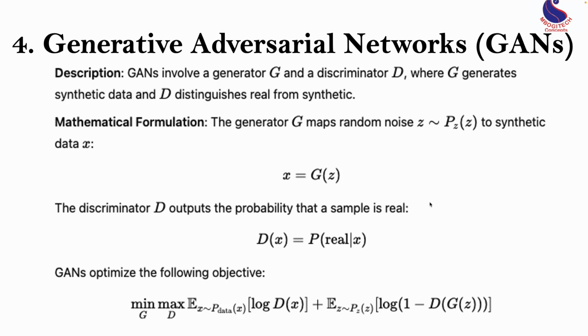And the discriminator D outputs the probability that the sample is real. So your D of X is the probability of whether it is real or fake. So it's going to be normally 1 or 0, basically.